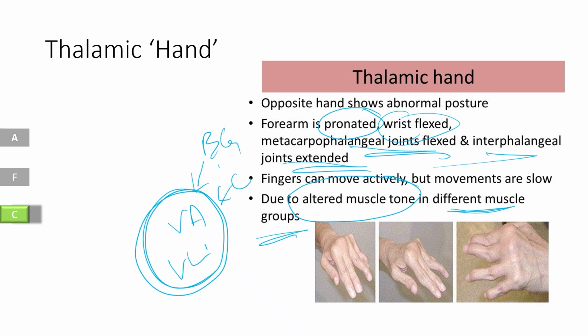So that is all important in tone, movement coordination, movement control, planning. For everything, thalamic activity is very important. So that is the part that is affected in thalamic hand posturing. Okay, that is called thalamic hand. So I mentioned 3 clinical conditions: one is the thalamic stroke, next is the Dejerine-Roussy syndrome, and the next is the thalamic hand.